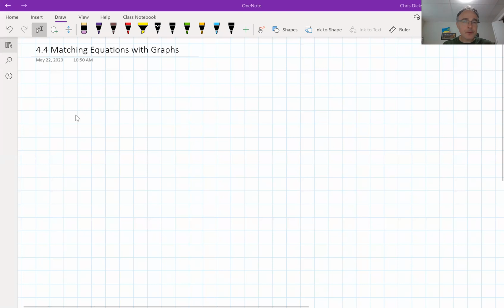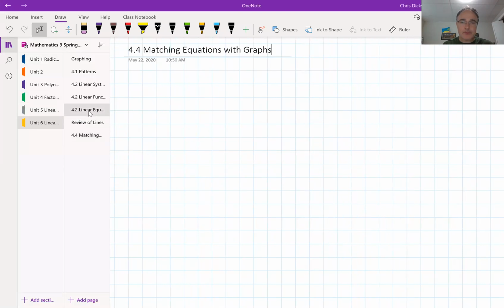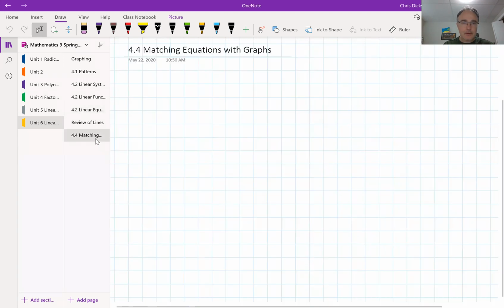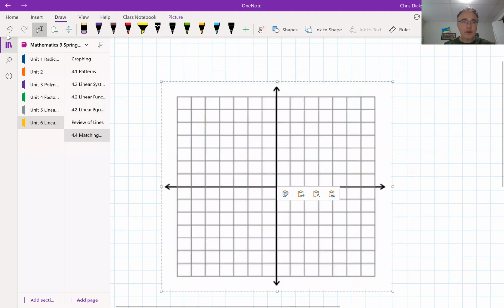So let's take a look at our graphs first. I'm just going to copy a grid from the previous diagram. Control C. Control V. There we go. Perfect. And then I'll move that grid around here.